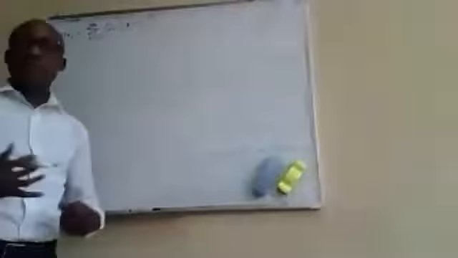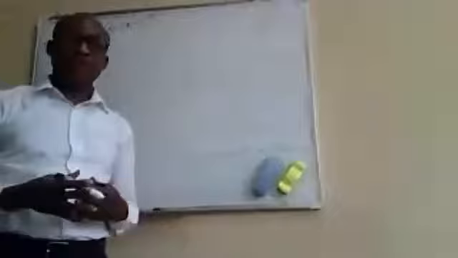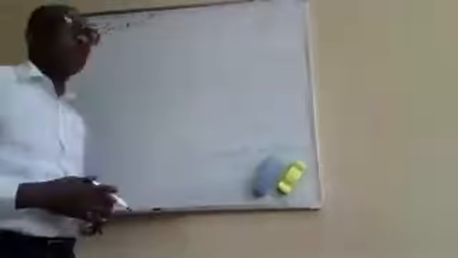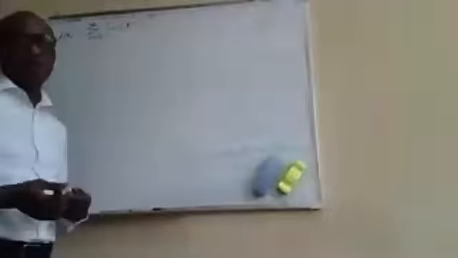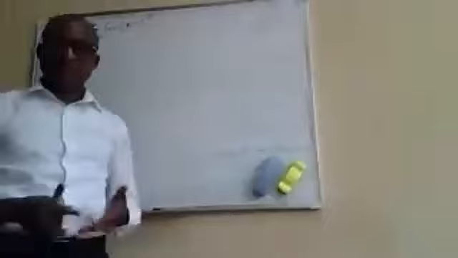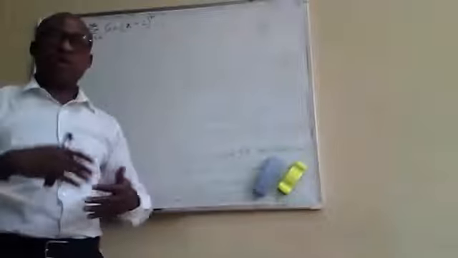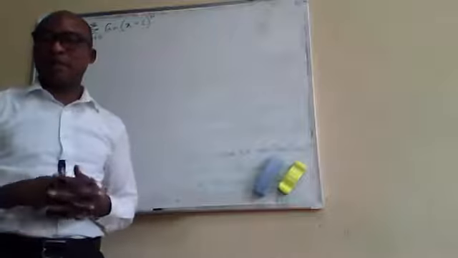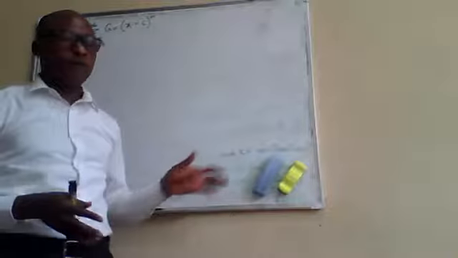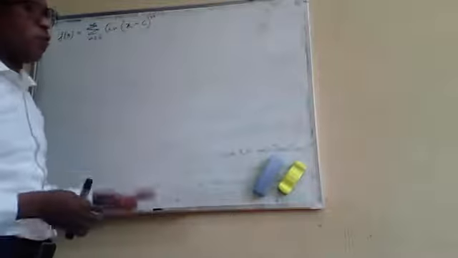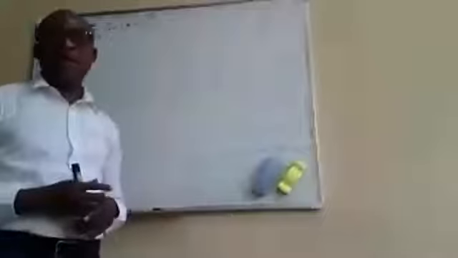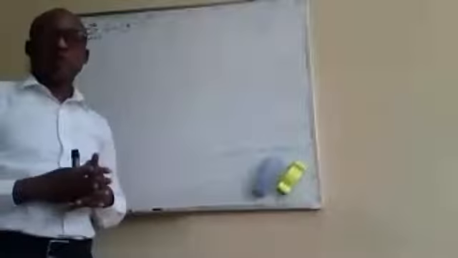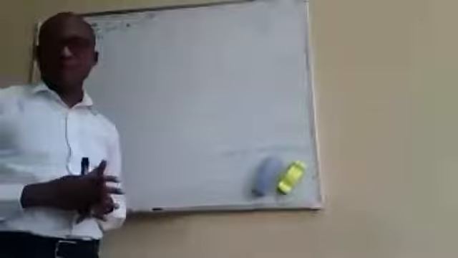For you to determine whether a series converges or diverges, or to determine the radius of convergence of a particular series, there are different ways of testing the convergence of a series. You can use a comparison test, you can use the ratio test, and so on. But for this particular course, we are going to be making use of the ratio test to test whether a particular series converges or diverges.